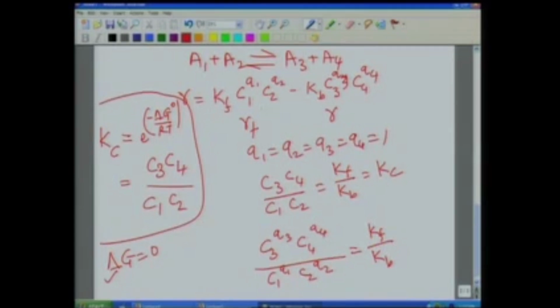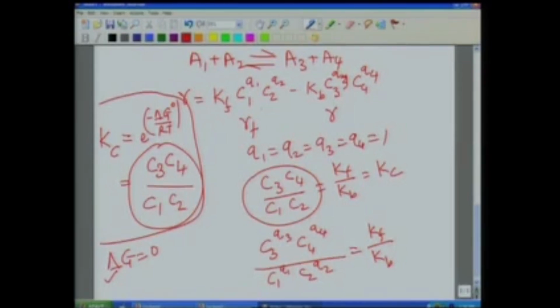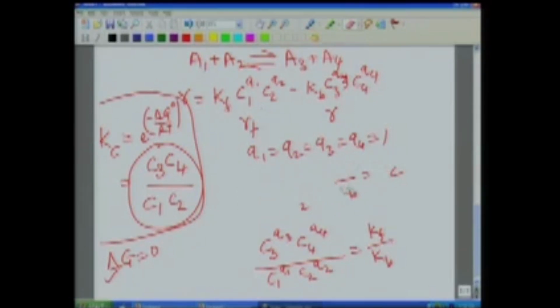In fact, what it means is that I cannot have Q1, Q2 as, let us say, 1 and Q3, Q4 as 2, because that would mean that this particular relationship is not consistent with our thermodynamic definition of the equilibrium constant. So, there is a restriction on how we can choose Q1, Q2, Q3, Q4. In fact, it turns out that for a general power law kinetics, they need not actually all be unity.